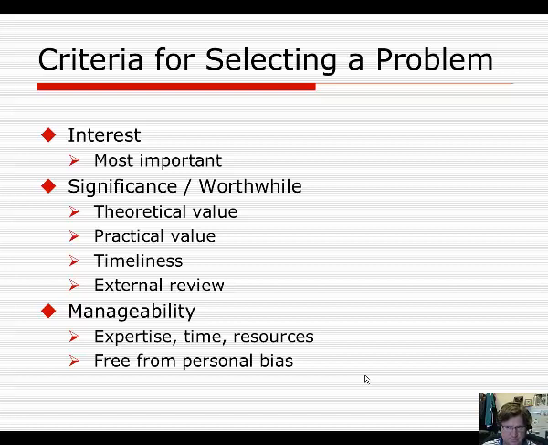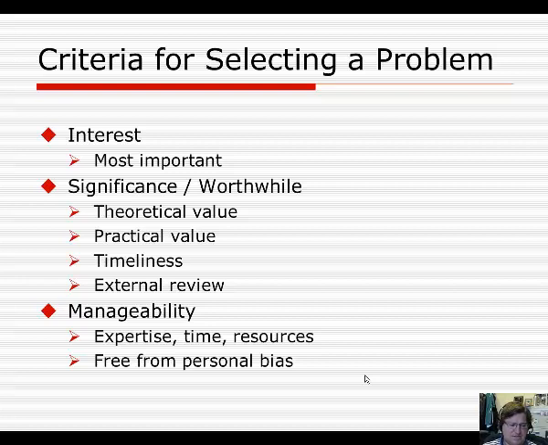It's generally something that is interesting to you. If it's not, then it's not going to be something that you're going to want to invest a lot of time in. I'm not necessarily talking about this course. I'm talking about a master's thesis or doctoral dissertation.